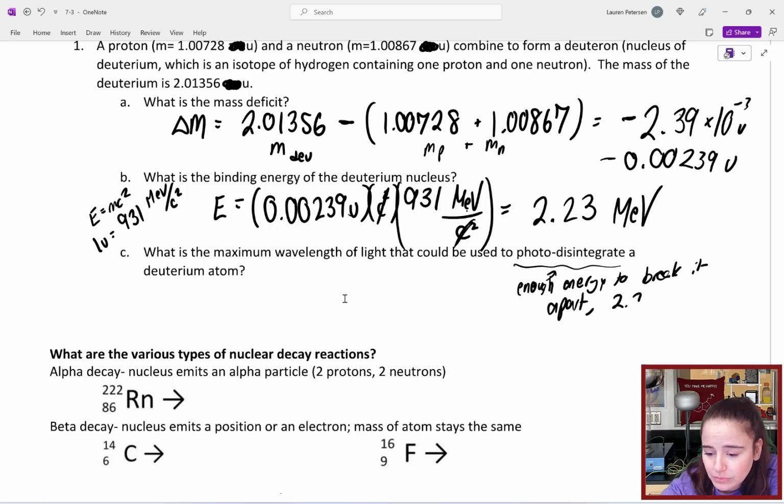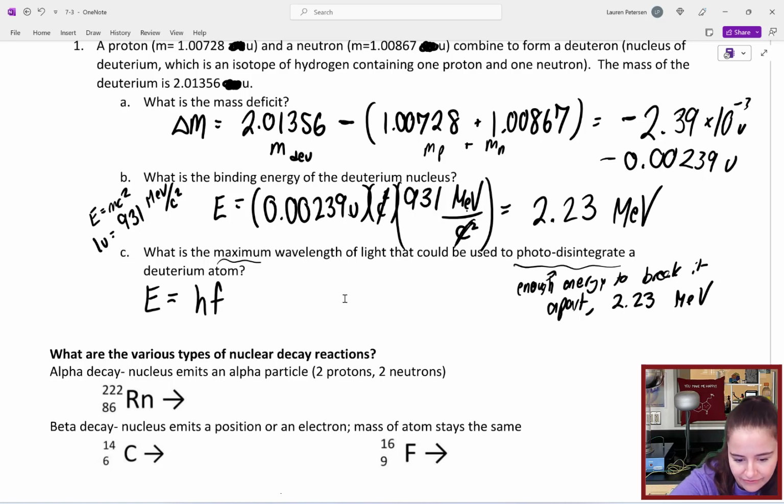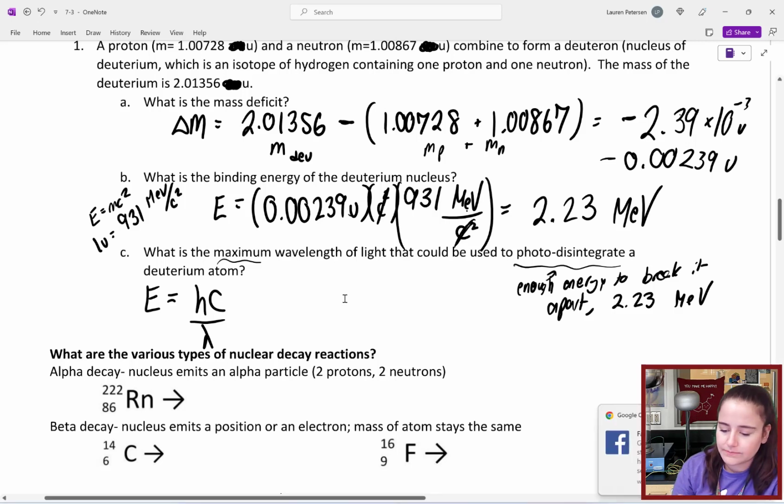So 2.23 mega electron volts, and we want to know the maximum wavelength of light. We know the energy of light is hf, which we typically rewrite as hc over lambda. Do I have it? No, I have it in electron volts, but not in mega electron volts. So I will have to convert there.